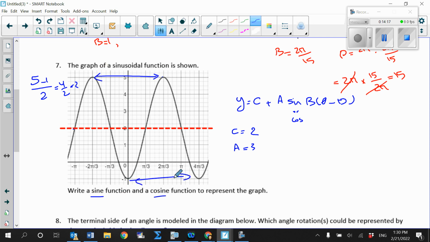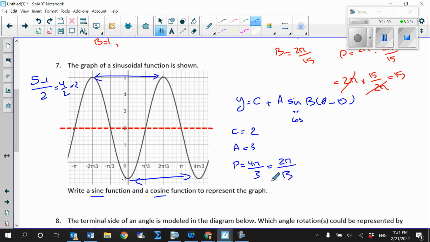In this case, the low points are easier to find, from 0 to 4 pi over 3. So the period of this function is 4 pi over 3. And we have learned before that the period of the new function is the period of the parent function, which was 2 pi, divided by the b value.